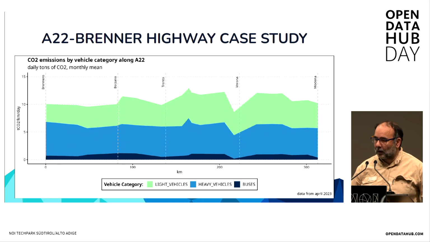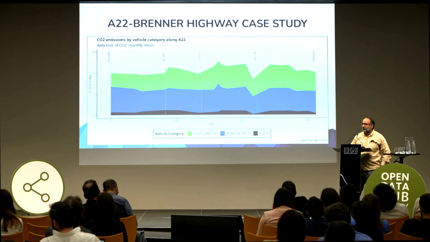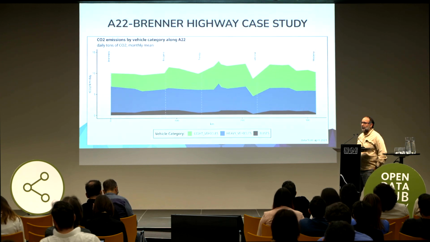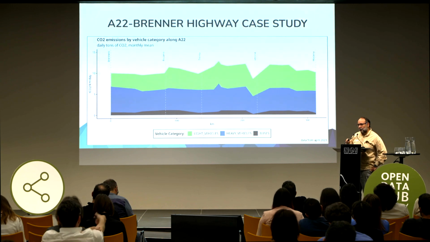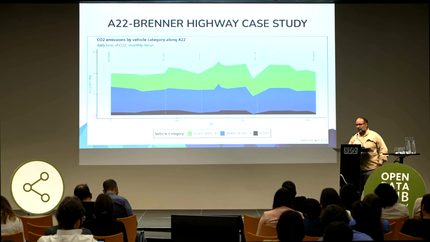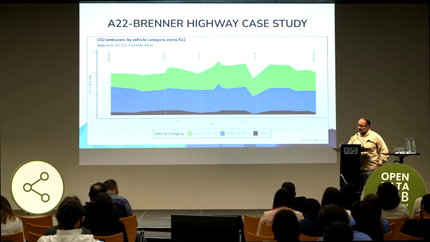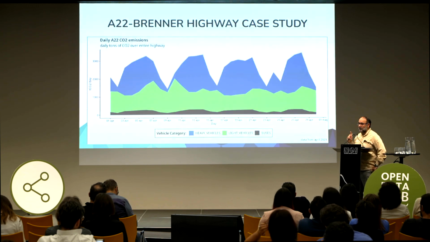So from one stretch to another, total flow is changing, obviously, and also all the other characteristics. So we have to look at these features, and we can, in this way, derive how emissions are varying in space, and also how they are varying in time.